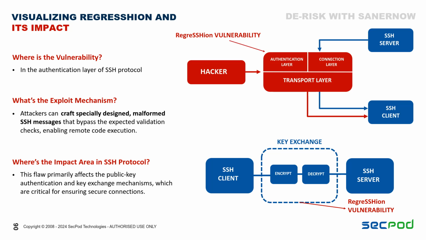It's such an easy opening that somebody has created, and because SSH is universally used and trusted for communication, any vulnerability there becomes very easy for somebody to exploit and take over the entire infrastructure.